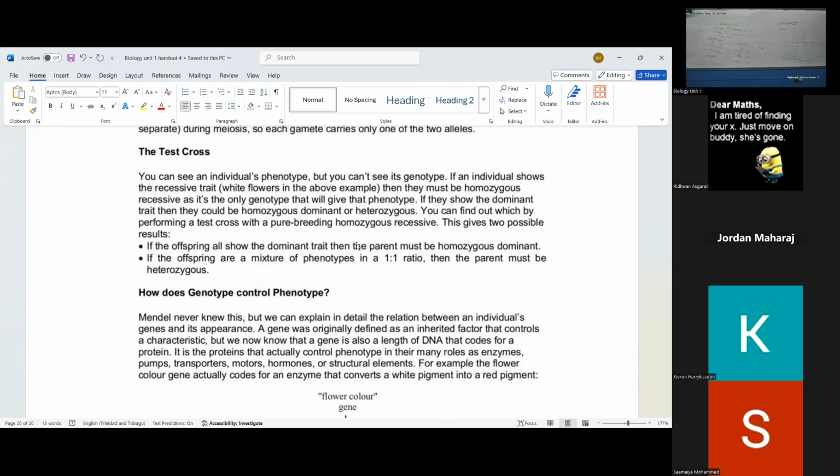That means that our organism was heterozygous. The test cross is used to determine the genetic identity of an unknown genotype. And if you know the identity of this organism, you can figure out the identity of the parental.